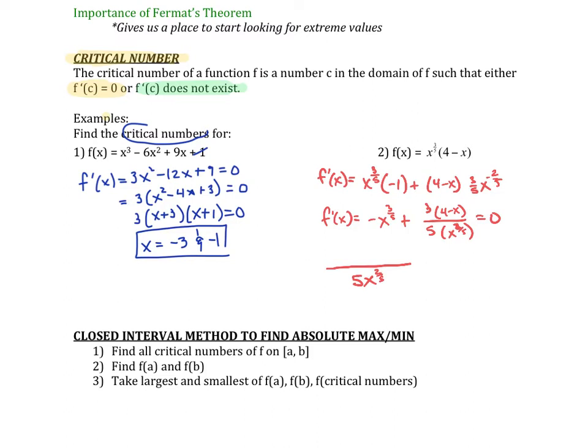And over here, as a numerator, I'll have negative x to the 3/5 times, I'm going to need this 5x to the 2/5. Okay, plus over here, I will end up with, I've got this 3 and just this 4 minus x, which will just stay like that. All of this equals 0, of course. Okay, and then let's see what we can do with this.